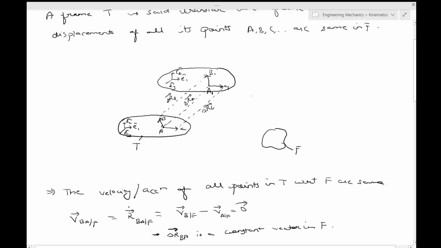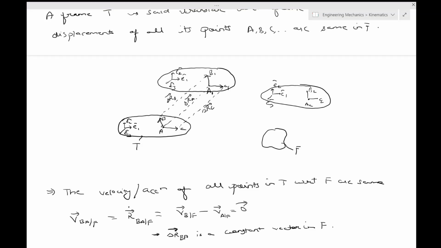And then let's go to another translation, okay, it's the same frame but I'm not able to draw it as well, but again E1, E2 and E3 will be here, and then you will again have A2, C2, B2, okay.